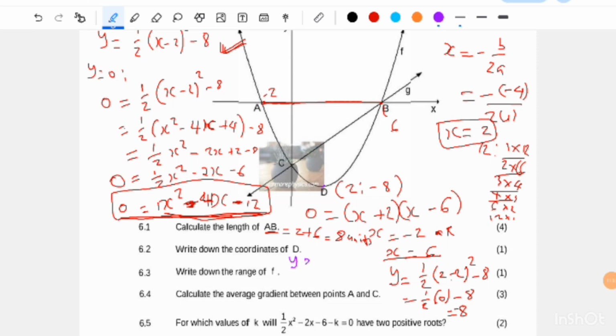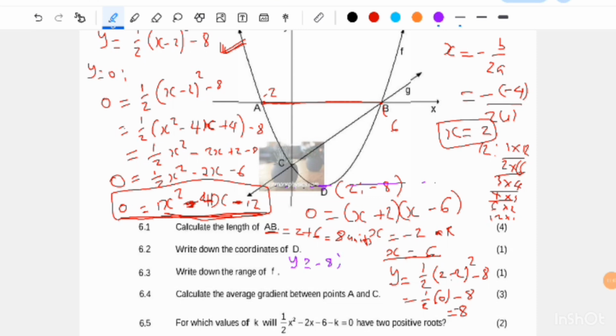In fact, we should say greater than or equal to -8. So any value above -8 is where our f of x is. So y is greater than or equal to -8.